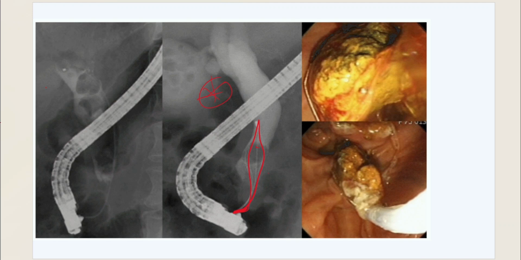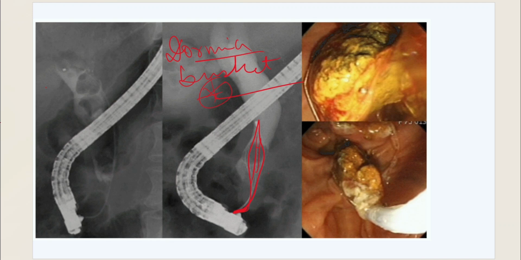So what is Dormia basket? It is a specialized wire catheter used to capture and remove the gallstone or the pancreatic stones.